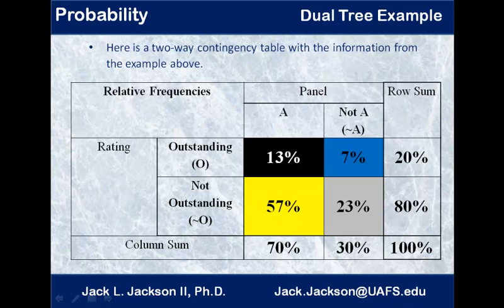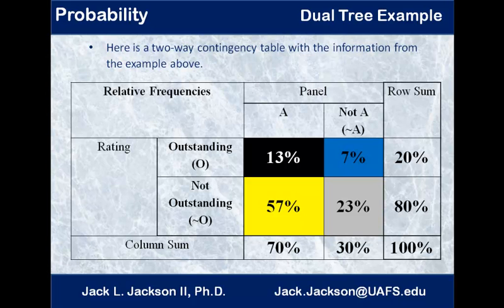That's the probability of not outstanding. And then coming down the columns, 13% plus 57% is 70%, the probability of A. The probability of not A then is 7% plus 23%, which is 30%. And of course, if you add across the row, 70% plus 30% better be 100% or 1. And adding down the last column, 20% plus 80% better add up to 1 or 100% as well.